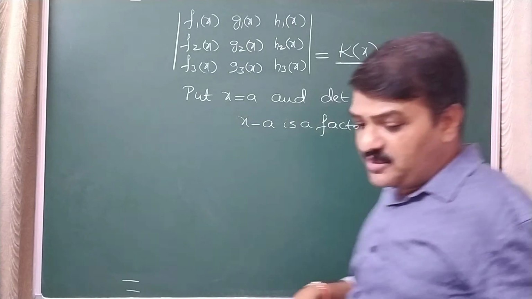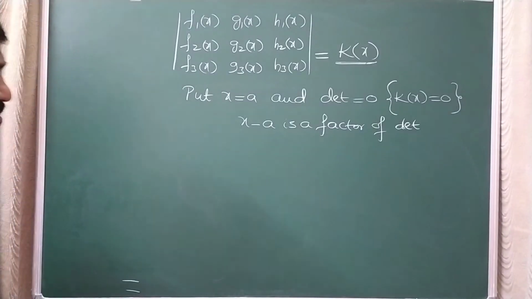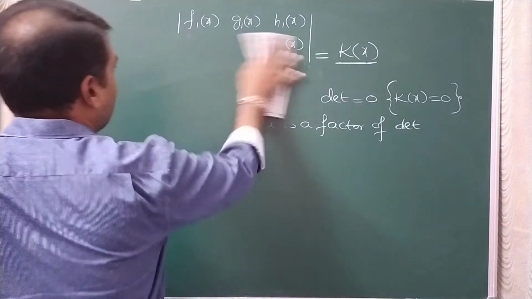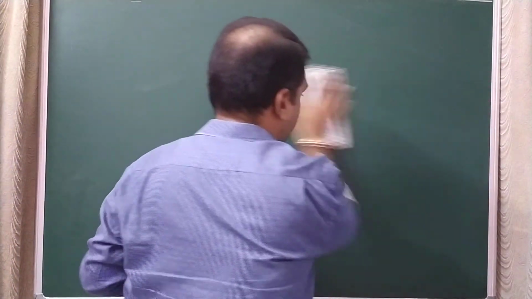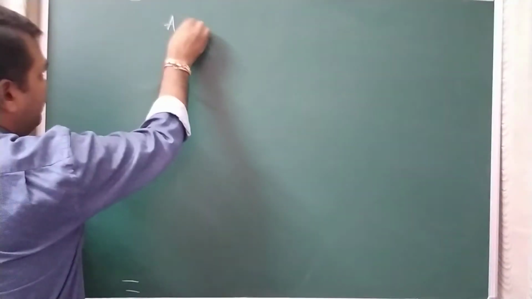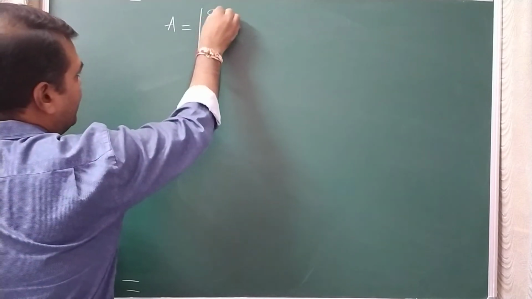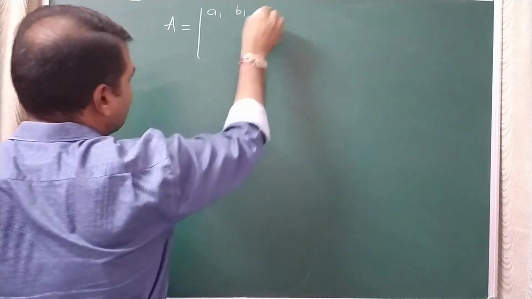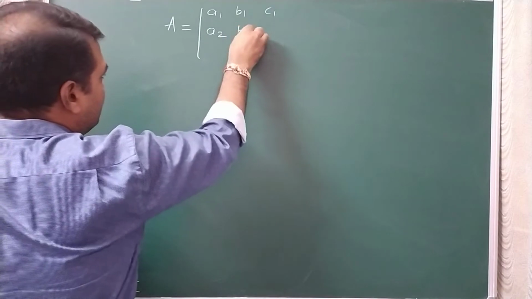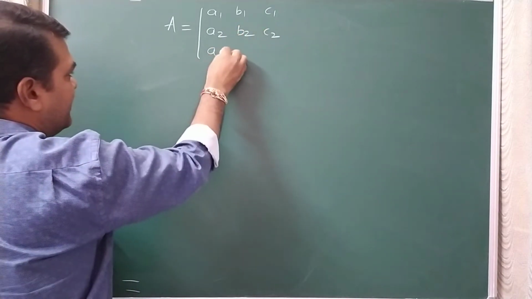Okay, only one property we are left with. Only one property. And it is an important property. So what the property is, whenever you have, I am taking a 3 by 3 matrix only.